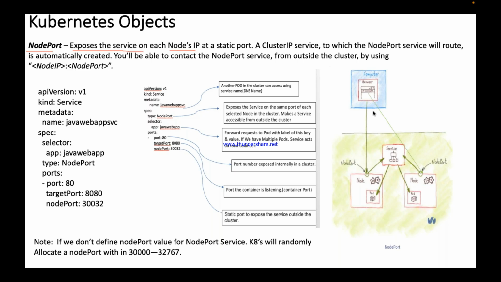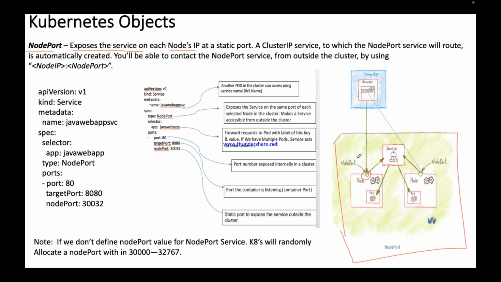Now, from outside the cluster, if I created a node port service, can I use that node IP, I mean the server IP, and also whatever node port I used for that service? Node IP is nothing but the server IP.